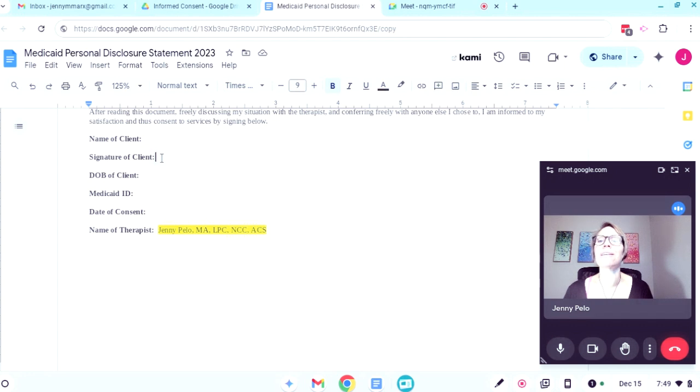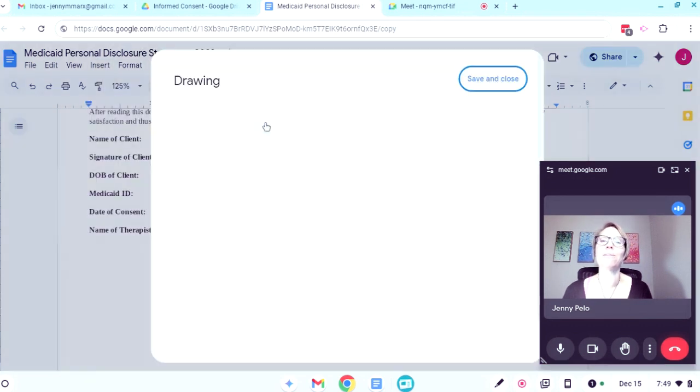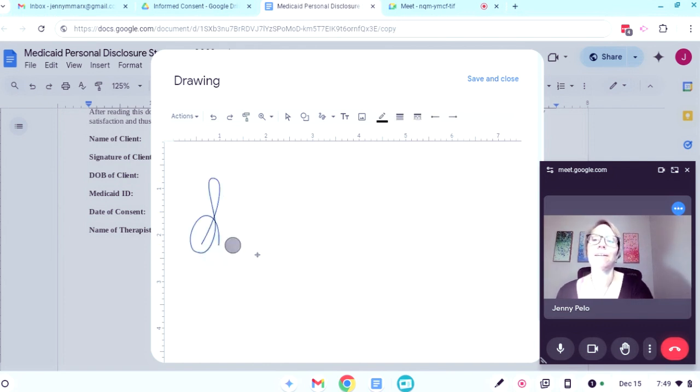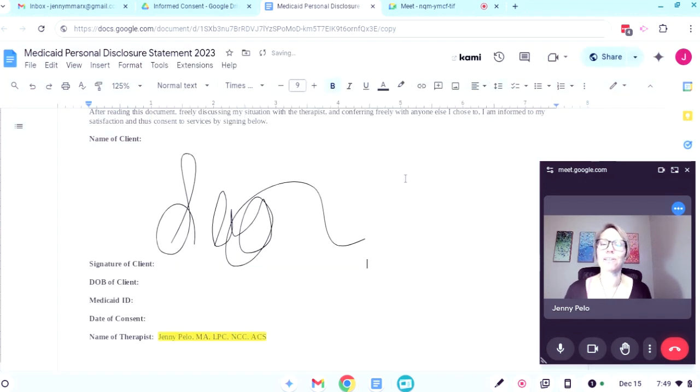It is not very sophisticated, but in the signature portion here, you can go to Insert, Drawing, and then do a new drawing. Then you go to where there's a line and choose the scribble, and then you can sign it that way. Then you save it and close it, and there's your signature.